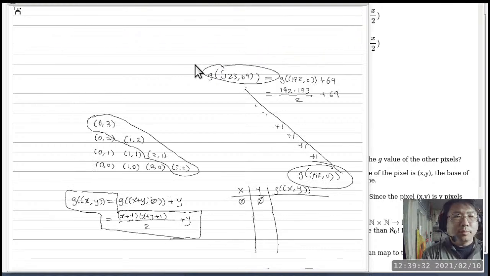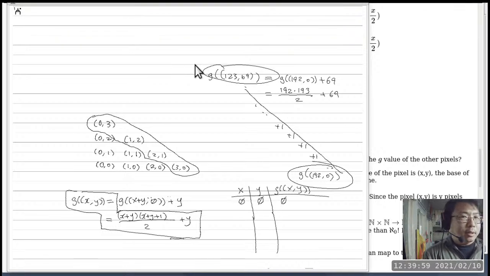But we also want to make sure our equation would also give us a 0. x is 0, y is 0, x plus y is 0, x plus y plus 1 is 1. Then we have 0 times 1, which is 0, divided by 2. That's also just 0, plus y, y is 0. 0 plus 0 is 0. Okay, that seems to work out.